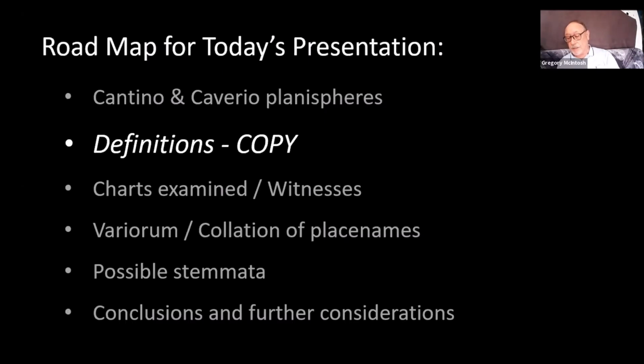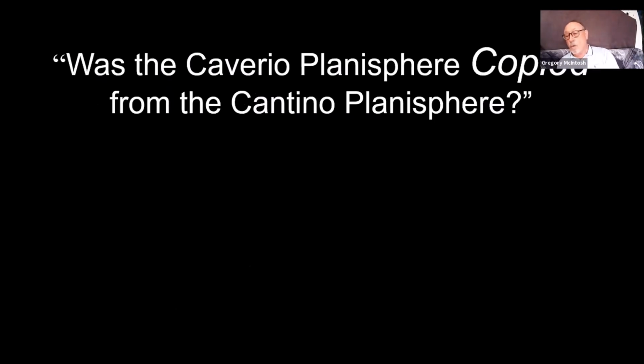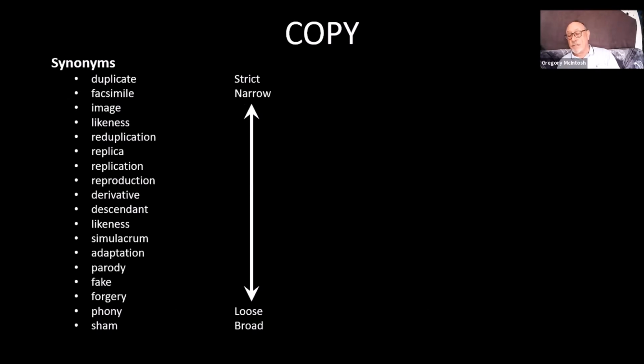The first definition to discuss is the word copy. What do we mean when we ask, was the Cavario planisphere copied from the Cantino planisphere? There is a wide spectrum of meanings for the word copy, from a very strict sense as an exact replica to a rather loose definition that includes parody and fake.